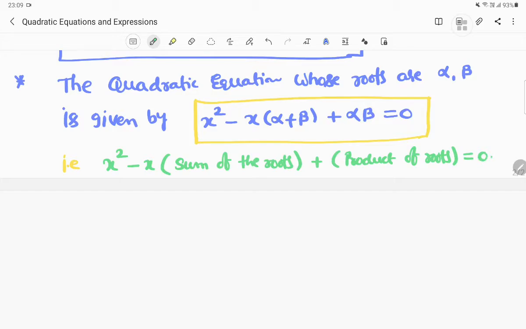This is the way we can write it: x square minus x into the sum of the roots plus the product of the roots equal to 0.